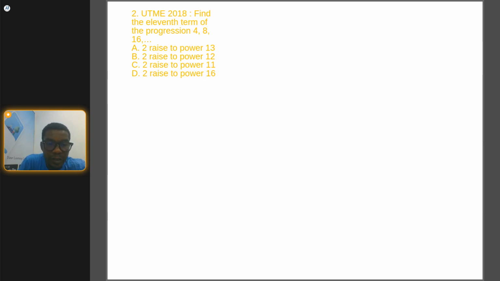UTME 2018. We are asked to solve this question: find the 11th term of a progression 4, 8, 16, and so on. We are asked to find the 11th term.